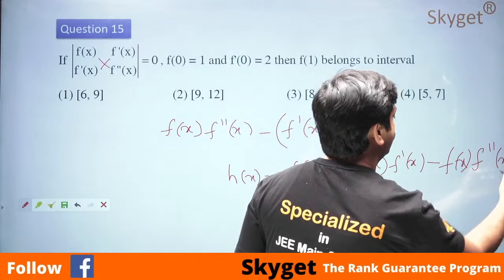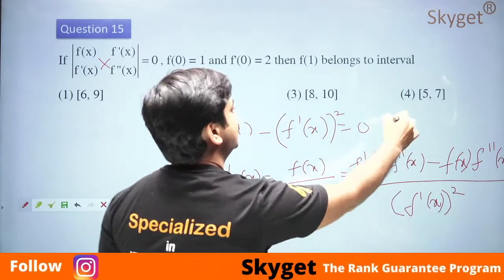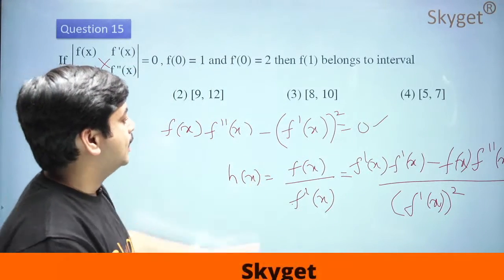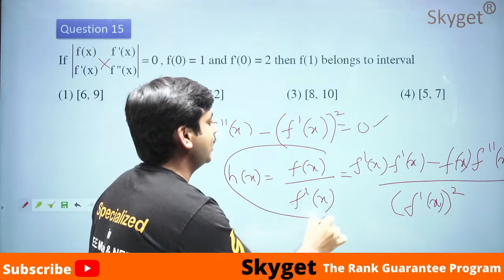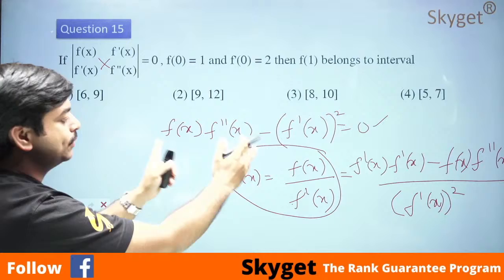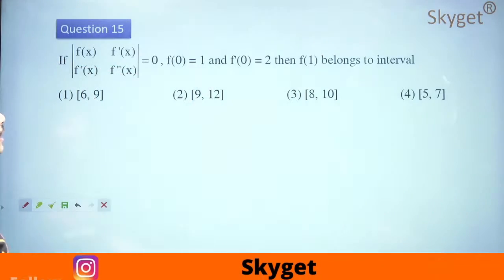You know the numerator will be equal to 0, because we have this same result here. So the derivative of h of x becomes 0. The given condition states that the derivative of the function f of x by f dash x becomes 0. From there we can proceed to find the values.